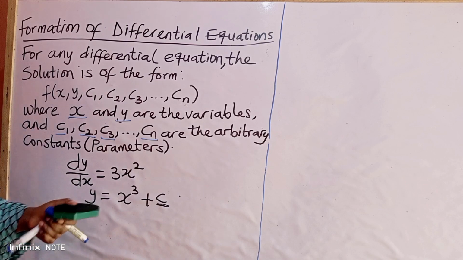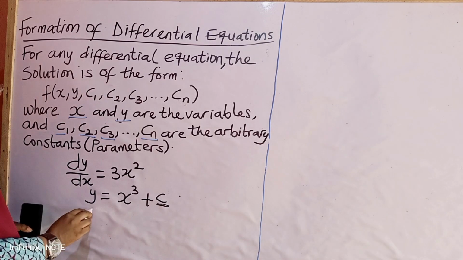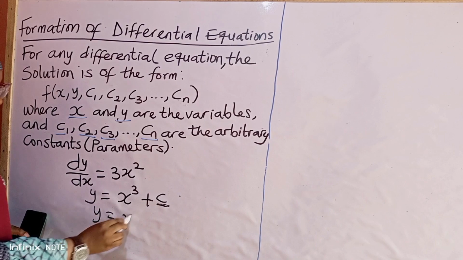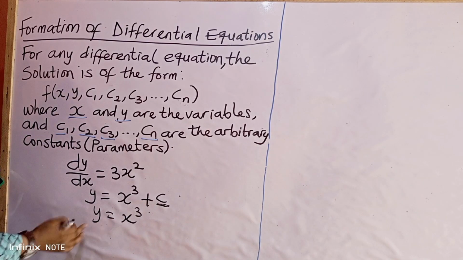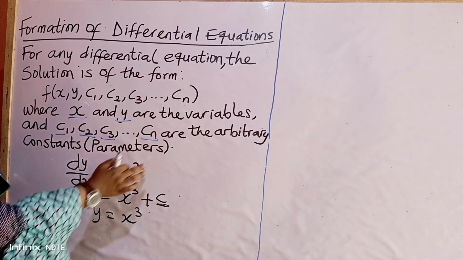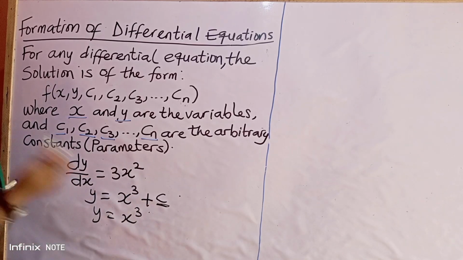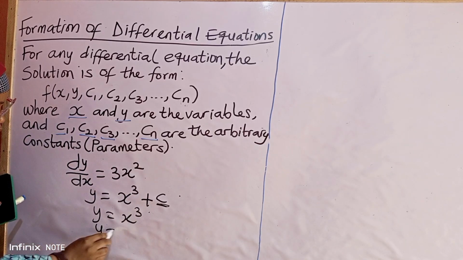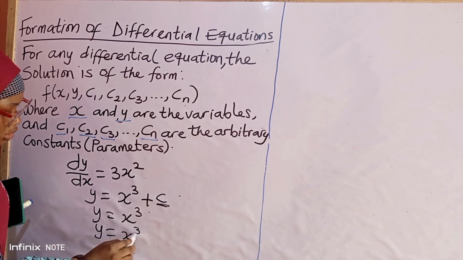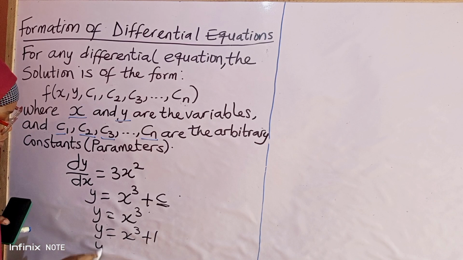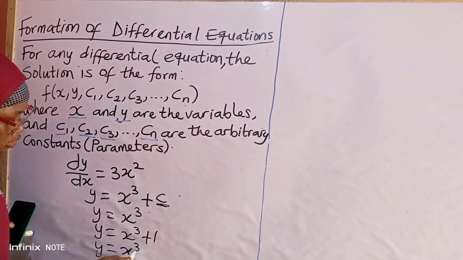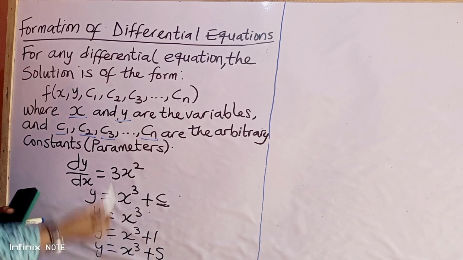Another person can say that y is equal to x cubed, so if you differentiate it, you are going to get 3x squared. Another person can say that y is equal to x cubed plus 1. Another person can say it is y is equal to x cubed plus 5, and so on.